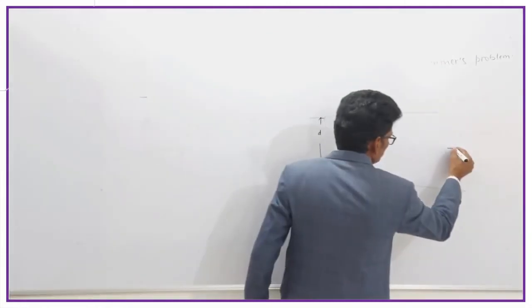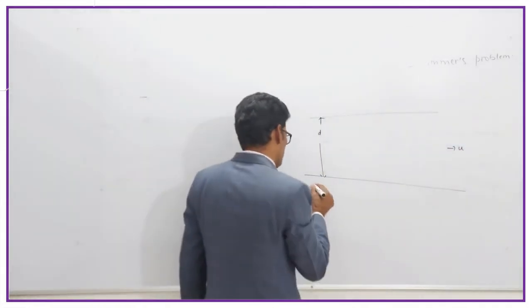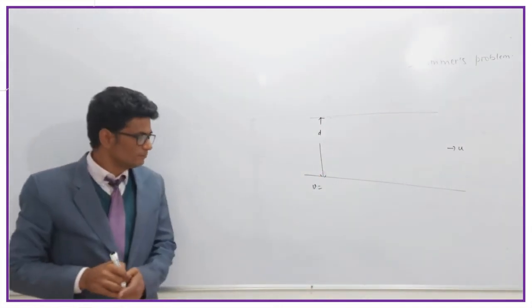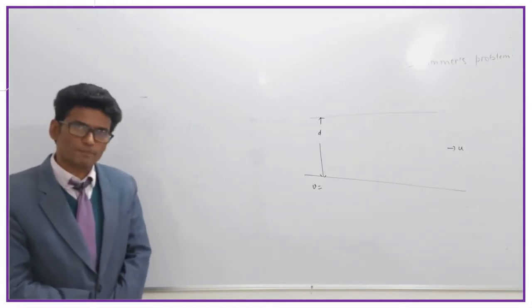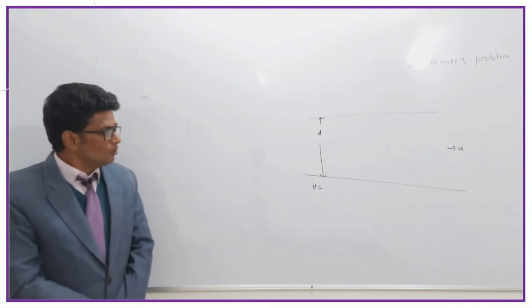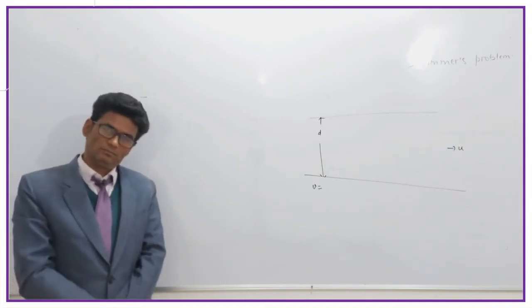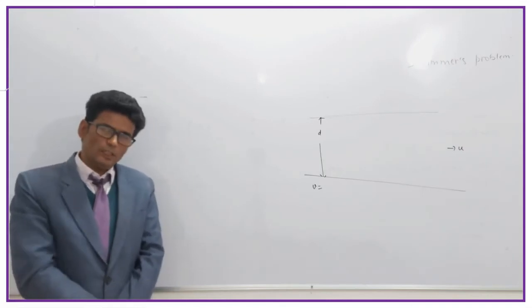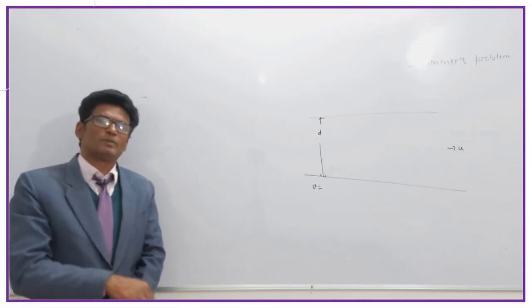Look at now here. u is the speed of flow of water and v is the speed of swimmer with respect to still water. Now we have to show the path followed by the swimmer if the swimmer wants to swim in minimum possible time.